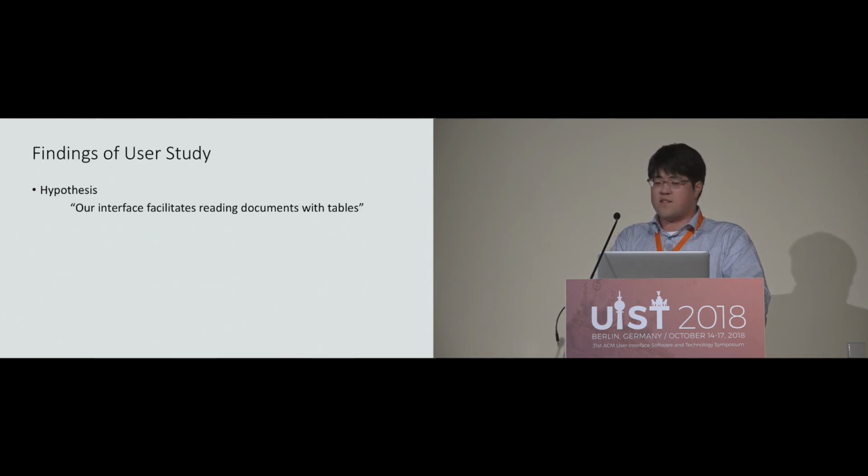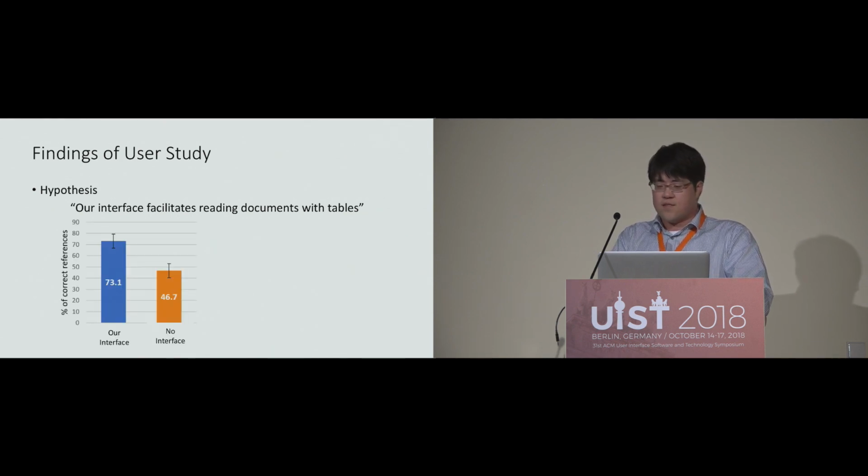The findings of the user study indeed supported our hypothesis. There is a 26% difference in accuracy between when the participant used our interface and when they did not. And this is significant. So this already suggests that we can accept the hypothesis. Moreover, the 47% accuracy without our interface indicates that this is a relatively difficult task.